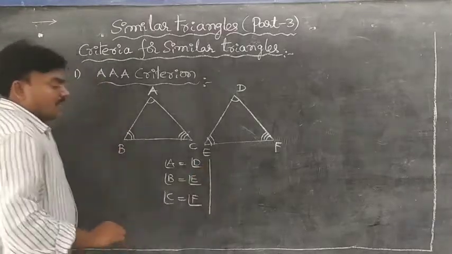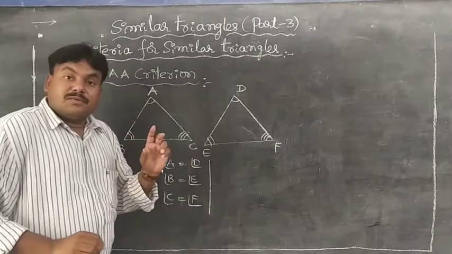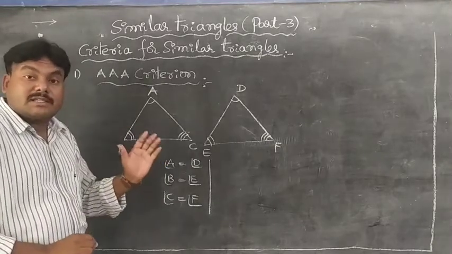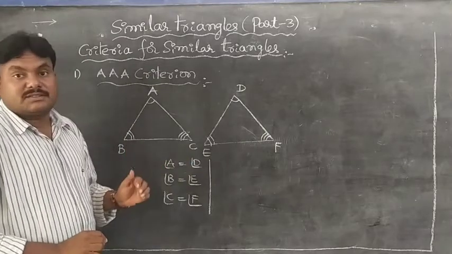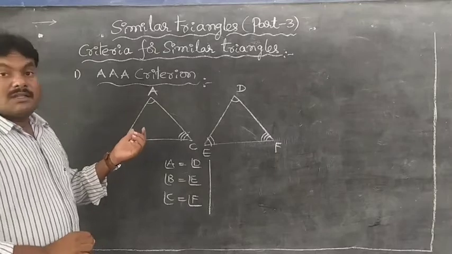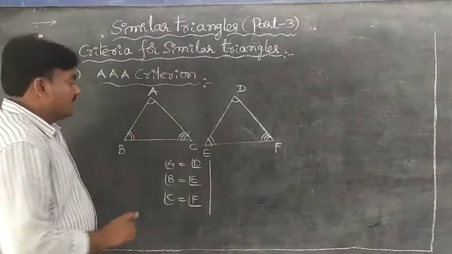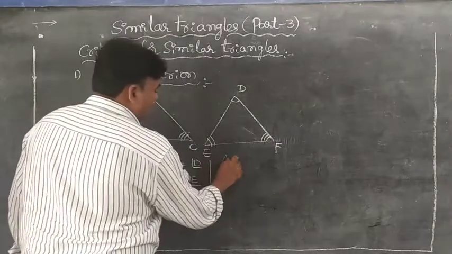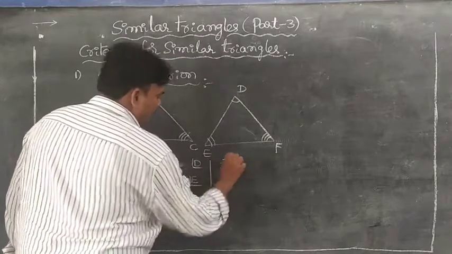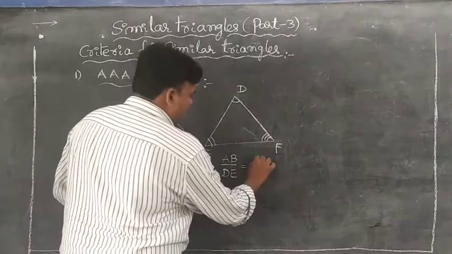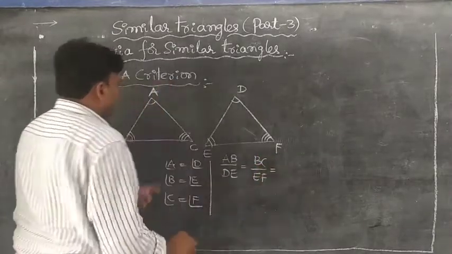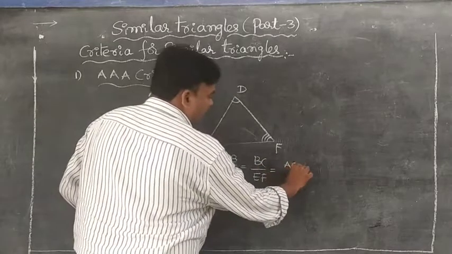And also, if the 3 angles are equal and the corresponding sides are also proportional, then both triangles are similar. That means, observe, AB by DE equals BC by EF equals AC by DF.